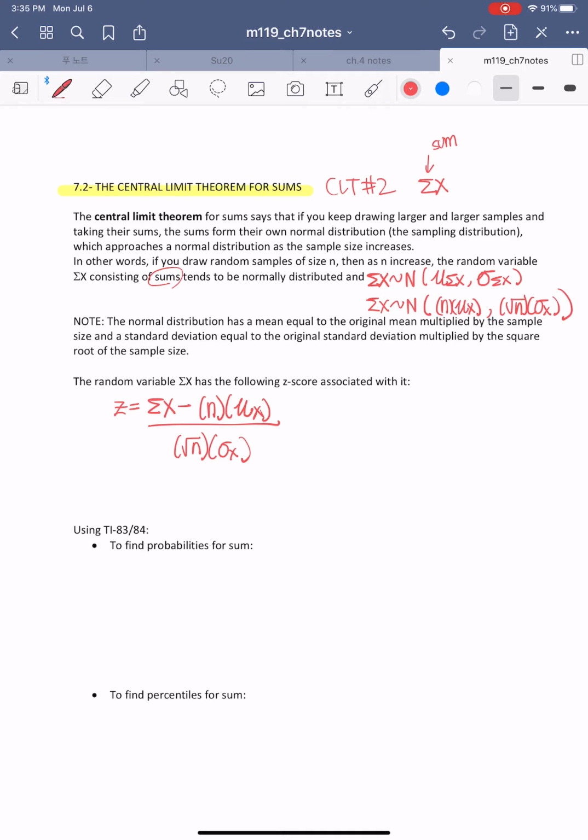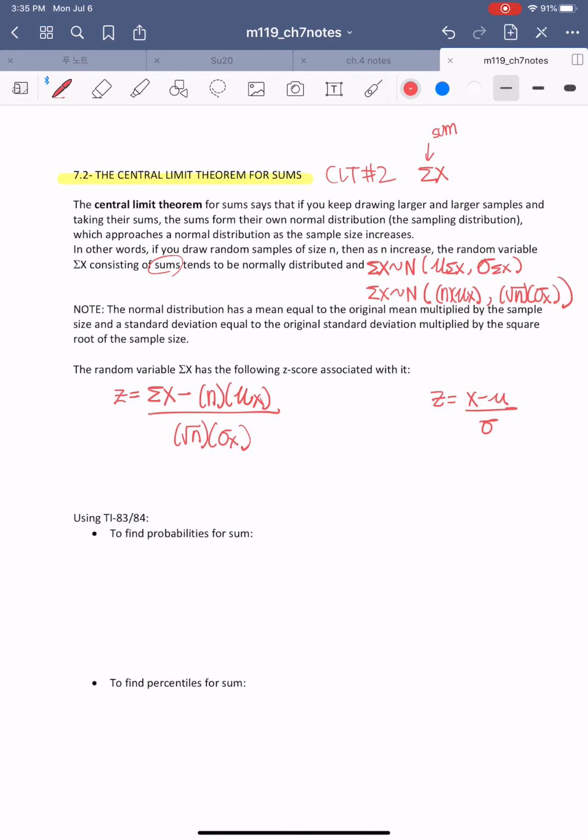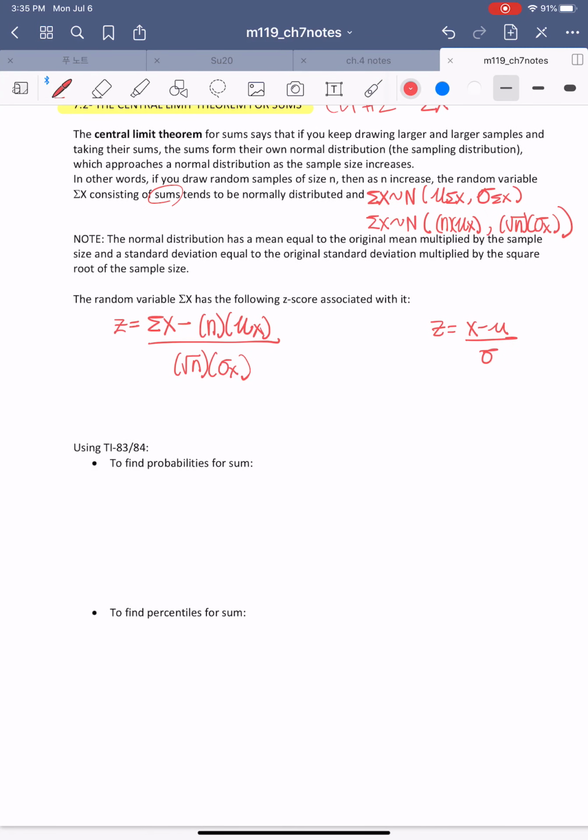This basically follows the same thing as x minus mean, divided by standard deviation, from chapter 6. There's your variable, here's my mean, and the bottom one is the standard deviation for the sum. Again, chapter 6, it's a normal distribution, so to find the probability we use the normal CDF. To find a percentile for the sum, we use inverse norm.